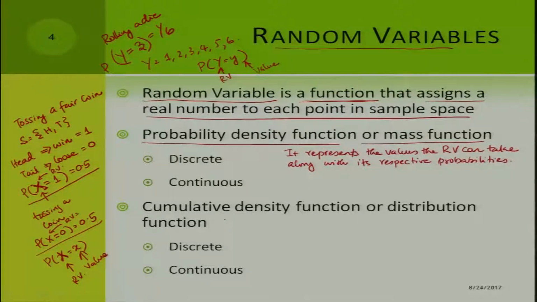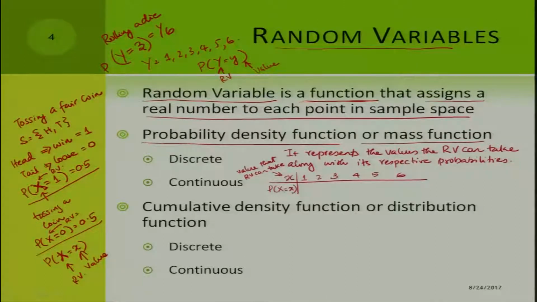So, if I had to write the probability density function of rolling a fair die, I would say like this: x, the value that the random variable can take, will be 1, 2, 3, 4, 5 and 6, and I will write the probability of big X equal to little x.